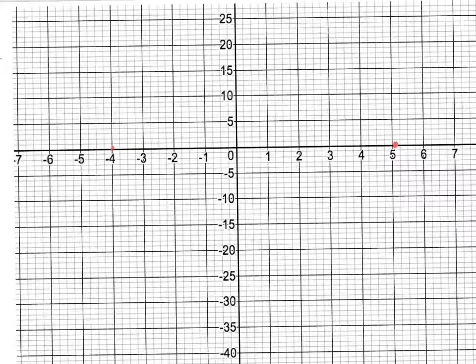So I'm going to do a little trick here where I'm going to count the squares that I have between negative 4 and 5. So there's 1, 2, 3, 4, 5, 6, 7, 8, 9 squares between negative 4 and 5. So half of 9 is 4.5, and I would count backwards 4.5, so 1, 2, 3, 4.5 is going to land me right here.